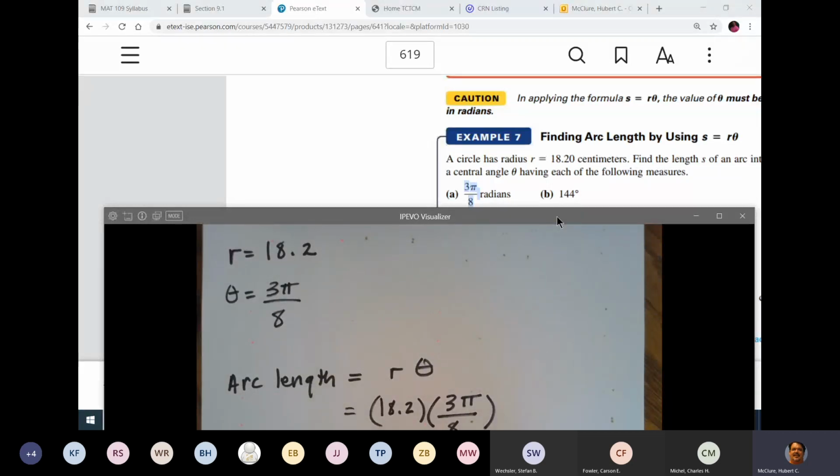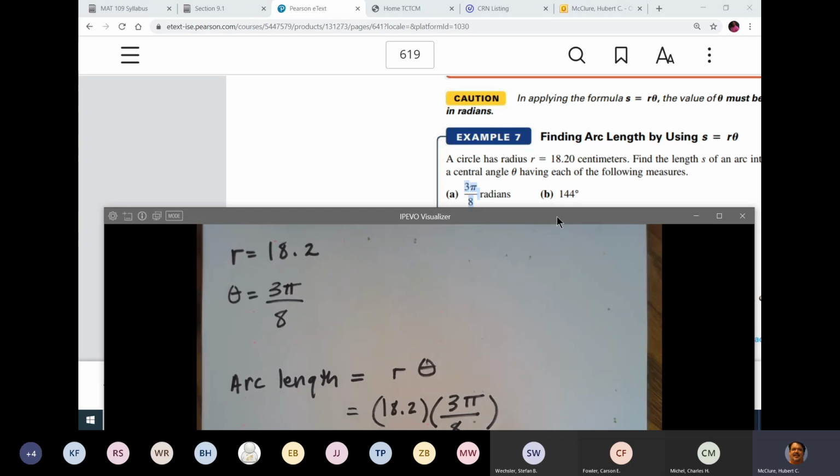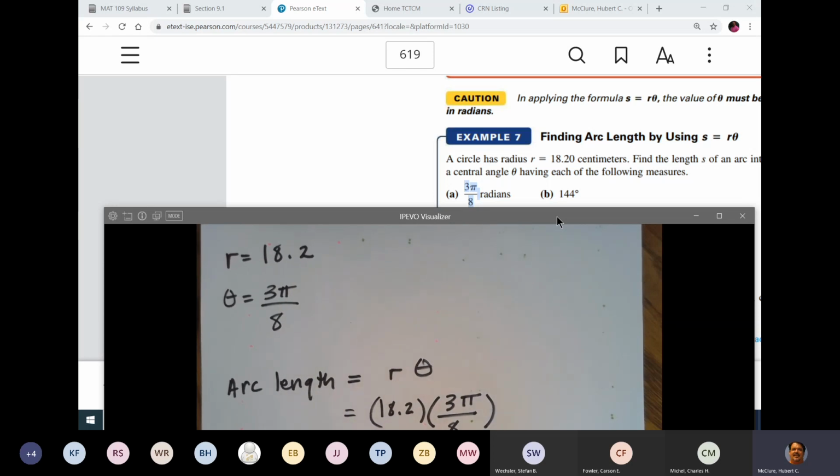I think that's 48.6, isn't it? No, that's 16. 16 is 48. So that would be 54. I think 54.6, but somebody check me. 54.6 pi over 8. Now that's in terms of pi. And of course, if you wanted to turn that into a decimal, you could.